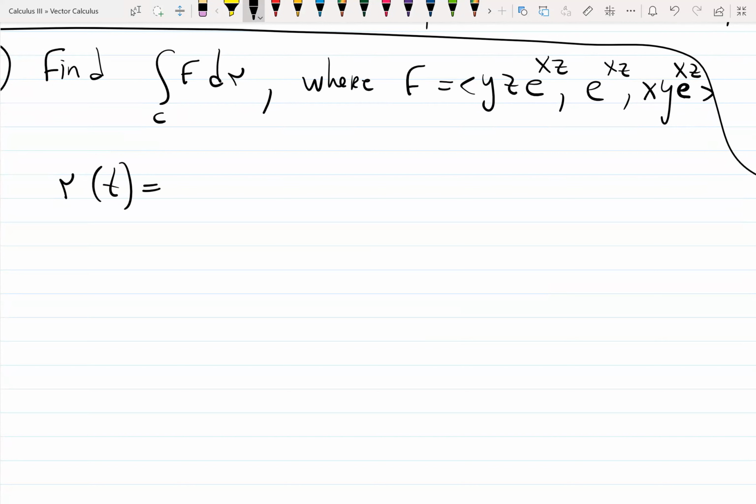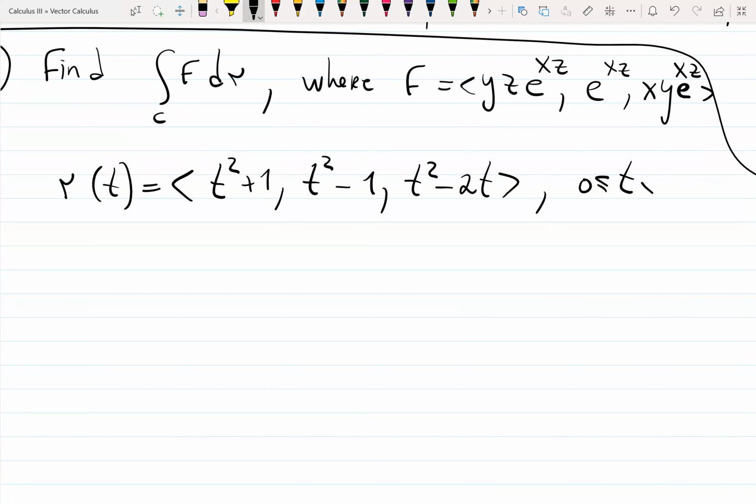Again, when we give you r of t, you should feel happy because sometimes we ask you to create it yourself, when we give you the upper half of the circle, directed positively or negatively oriented. If we give you this parametrization, you should feel happy because that's quite a lot of work being done for you. Nice. So what to do? When we give you this integral that looks like so, F dr.